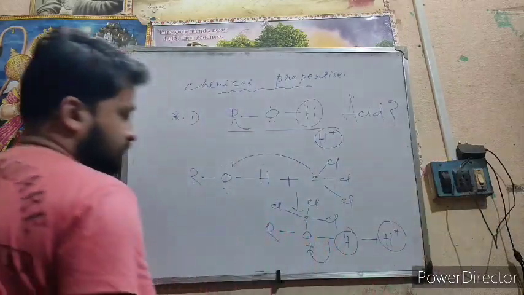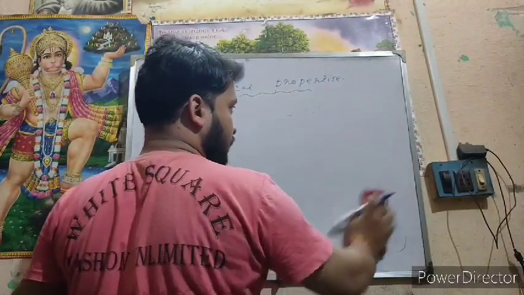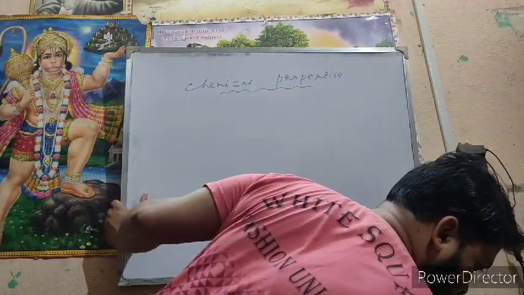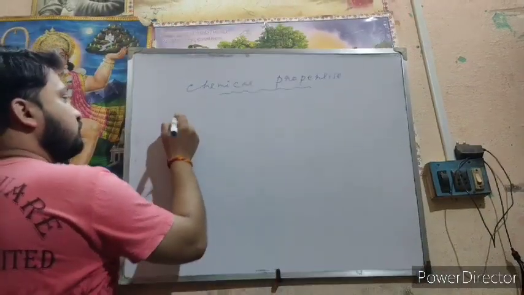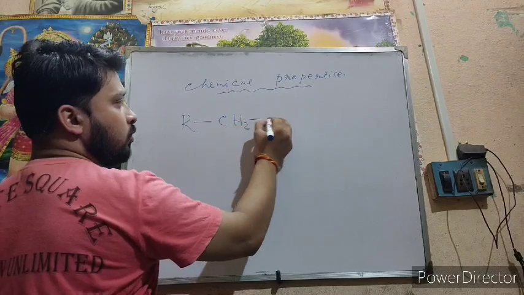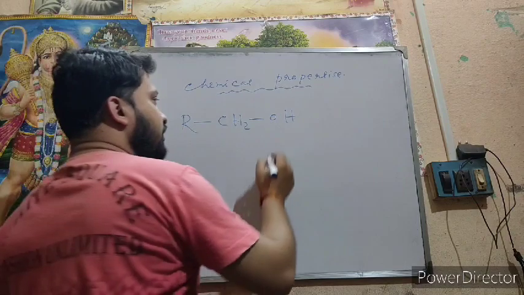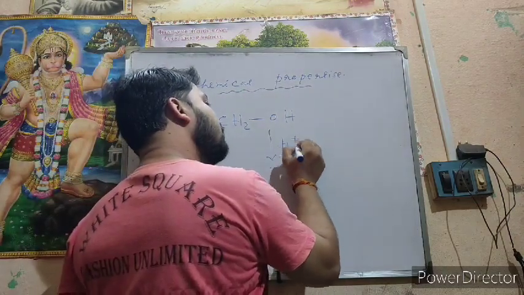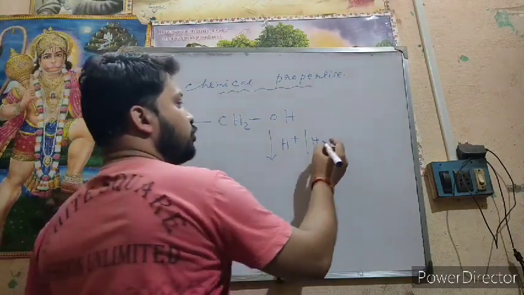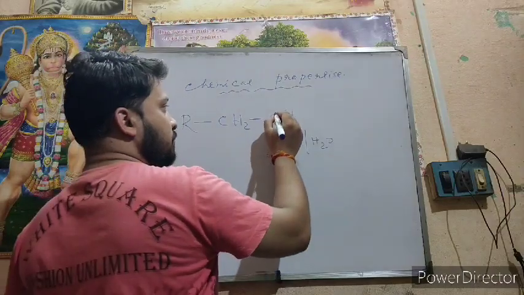Next problem is, if you take RCH2OH and you want to react it with H plus, which is coming from H2O, maybe H plus, it has a lone pair.